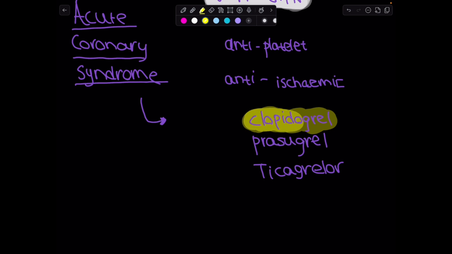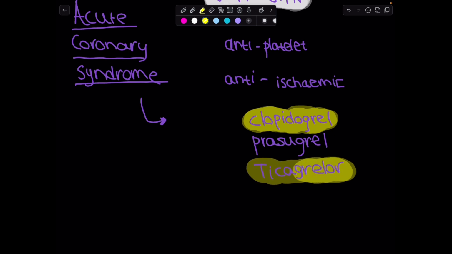They are often combined with aspirin in unstable angina, NSTEMI, or STEMI to improve blood flow and prevent stent thrombosis post-PCI, but carry bleeding risks.